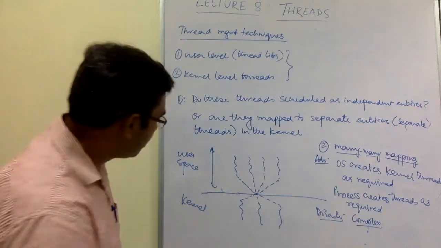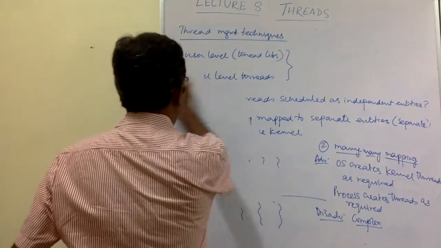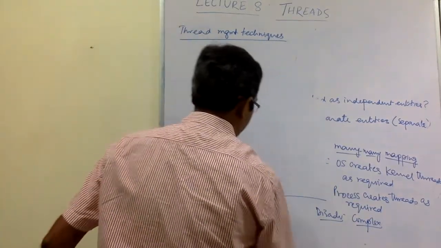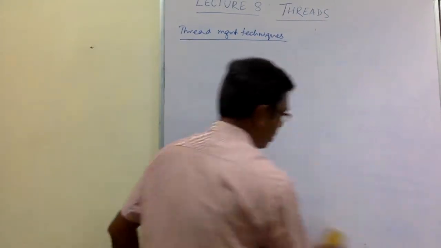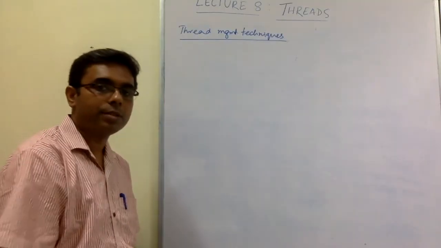Suppose we have a process that has created a certain number of threads, and one of the threads has called fork.